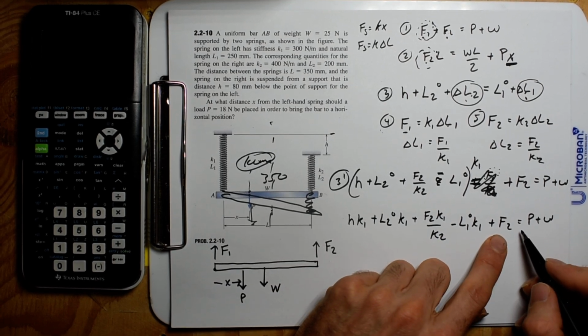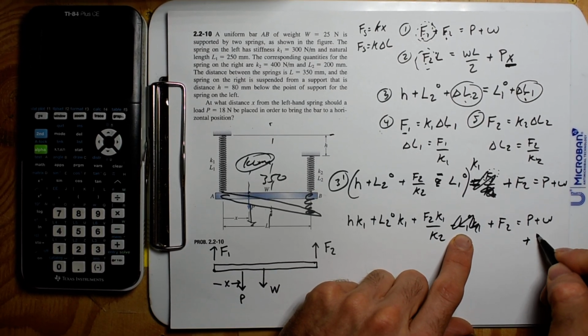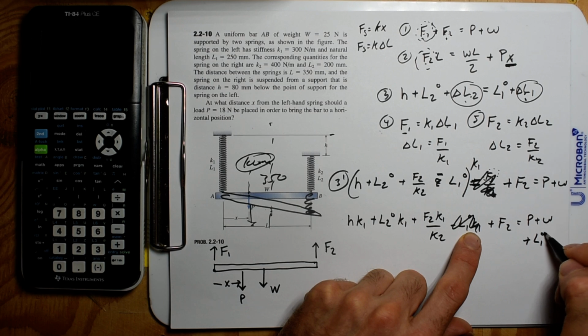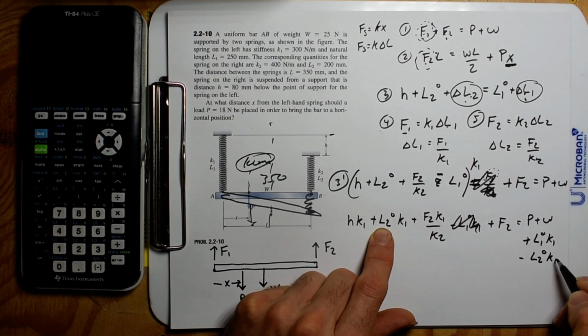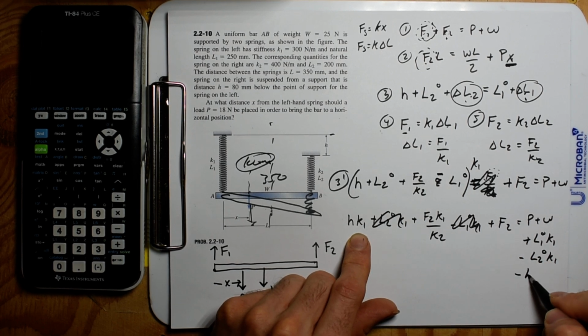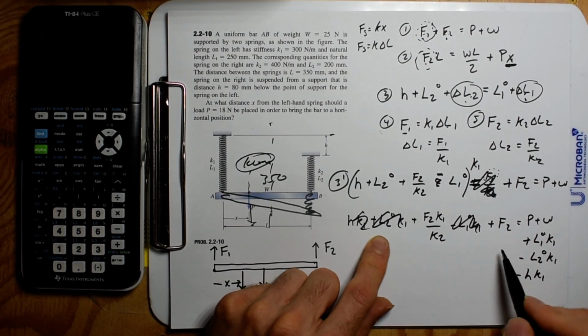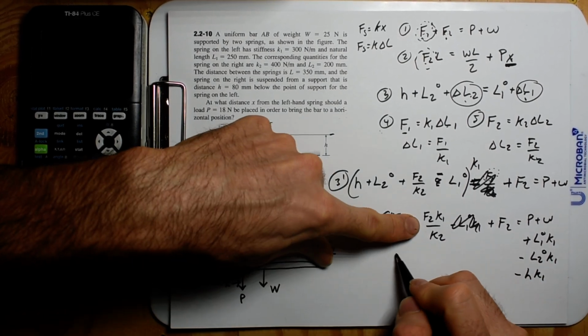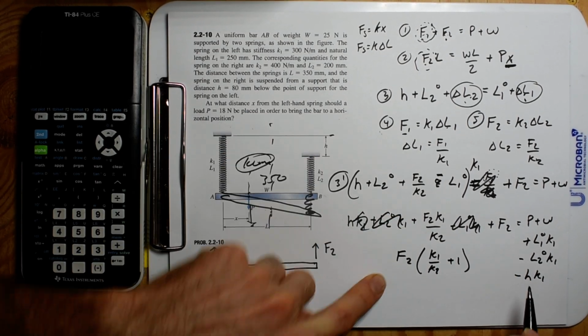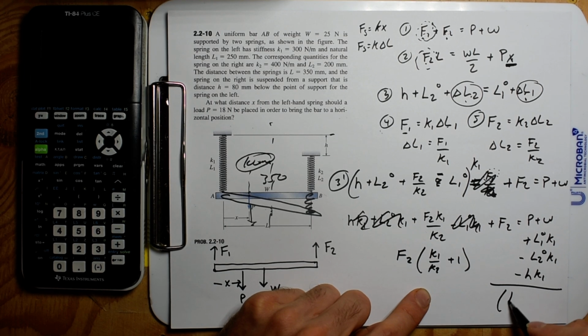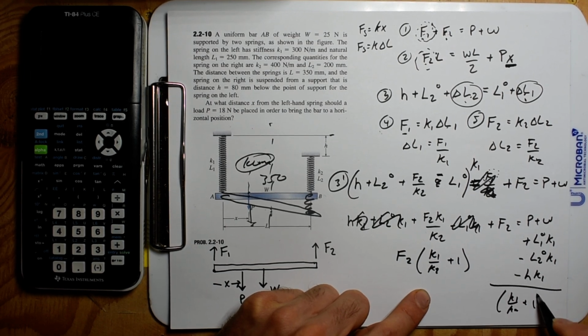So right now, I'm going to put plus L1 naught k1. And then I'm going to go minus L2 naught k1. And then I'm going to go minus h k1. Perfect. They're all over there. Everything else is f2. Visually, I can see it. f2 is k1 k2 plus 1. And then I'm just going to divide all that by k1 k2 plus 1.